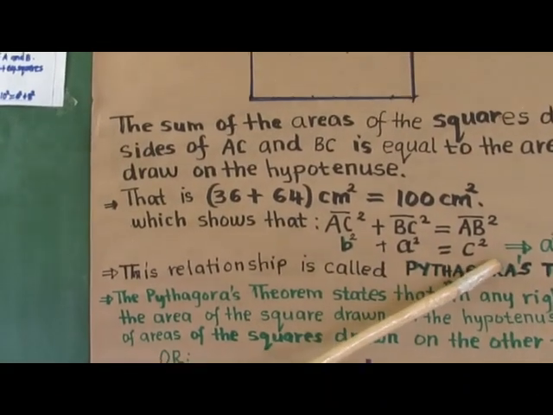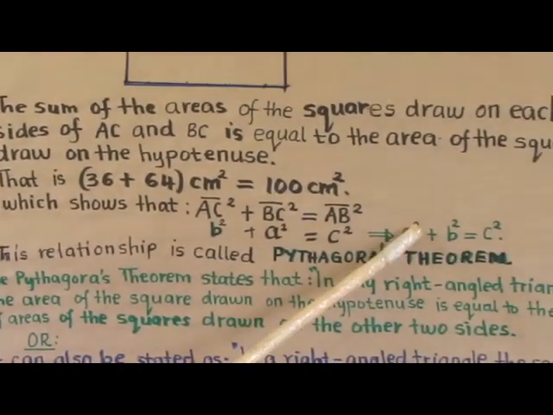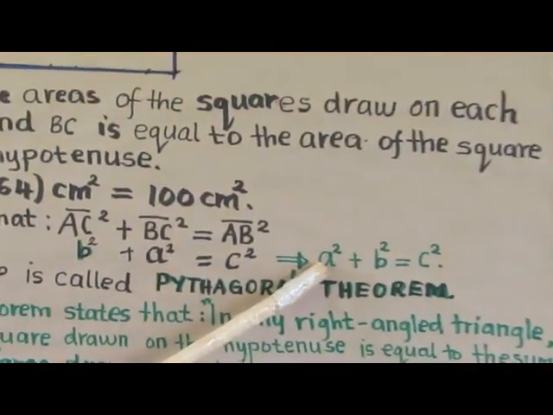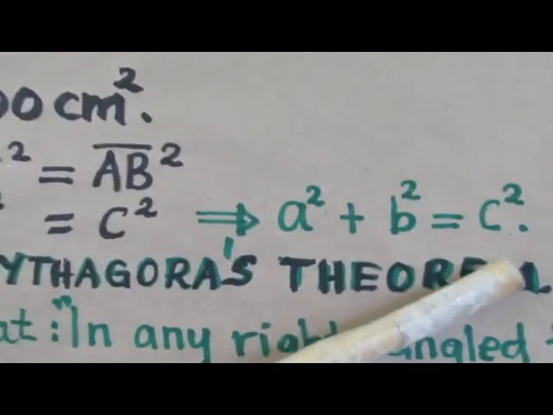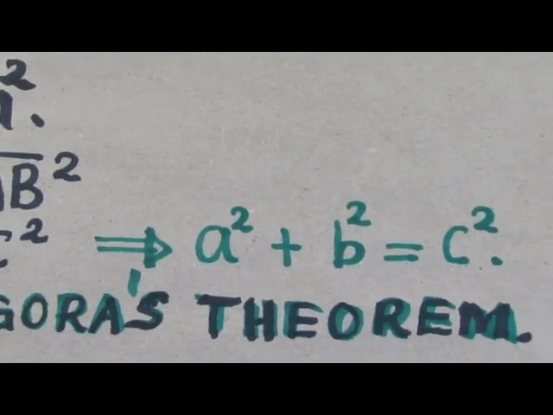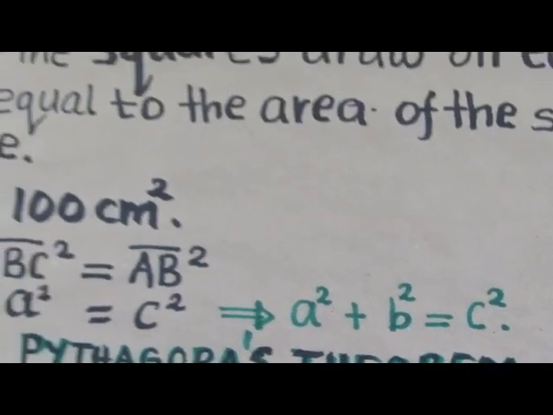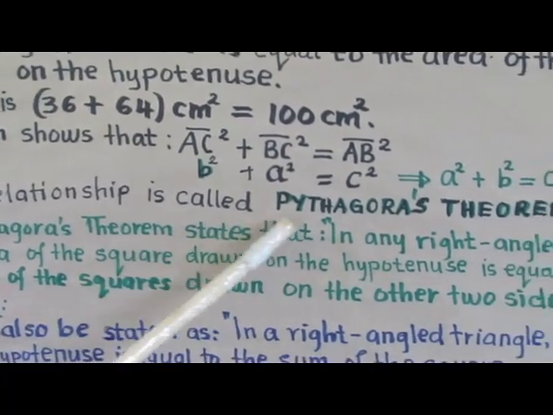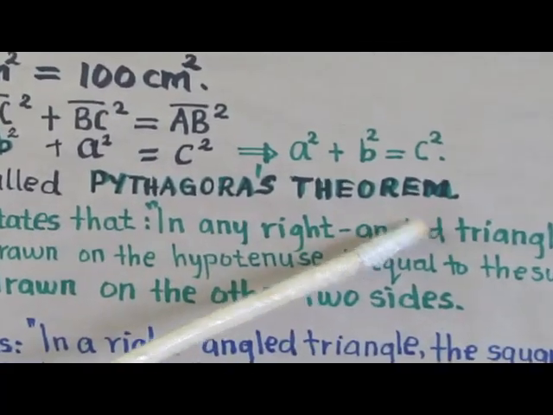You can arrange it as a squared plus b squared is equal to c squared. This is the relation which is called the Pythagoras theorem.